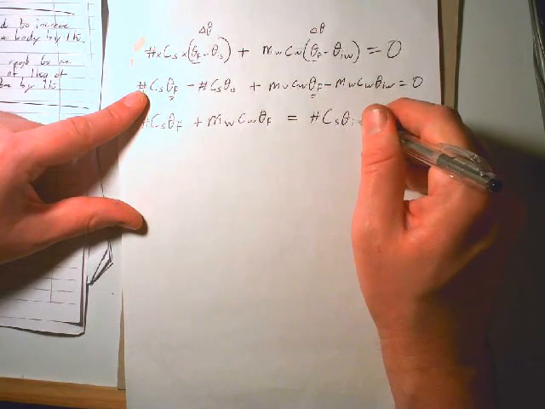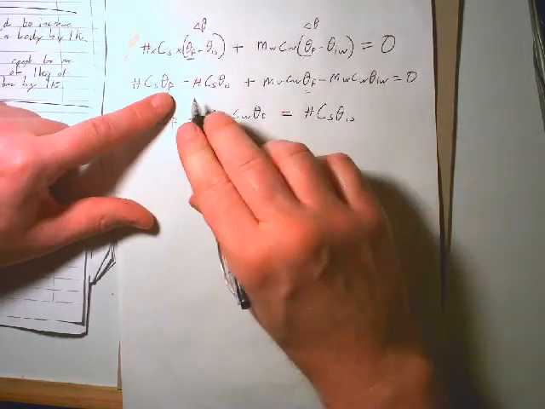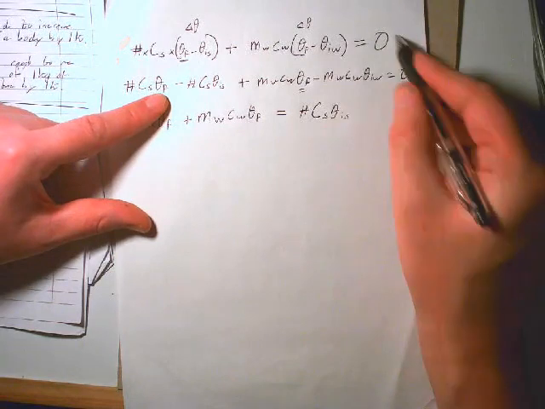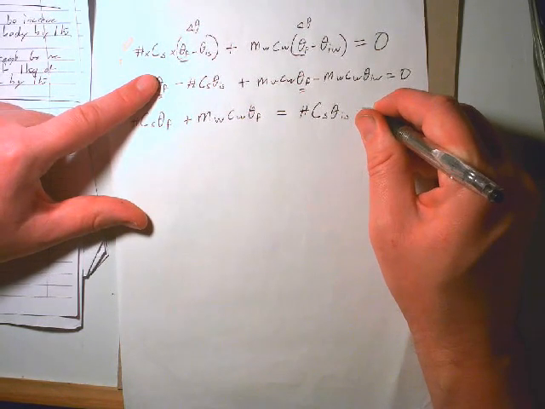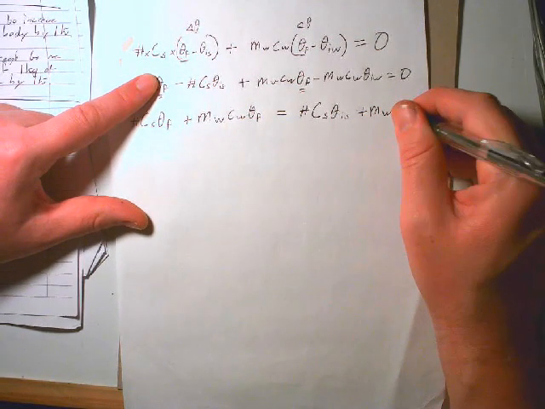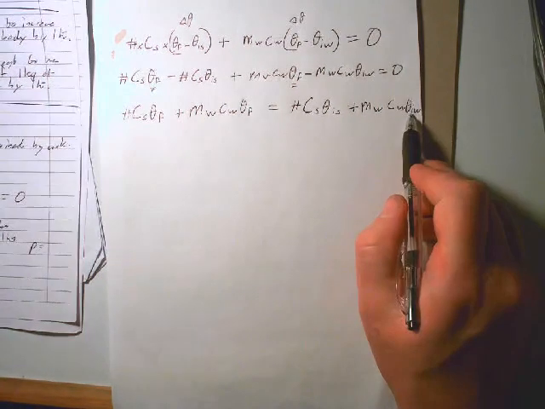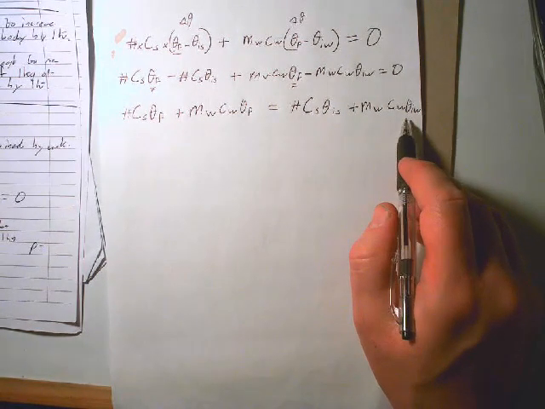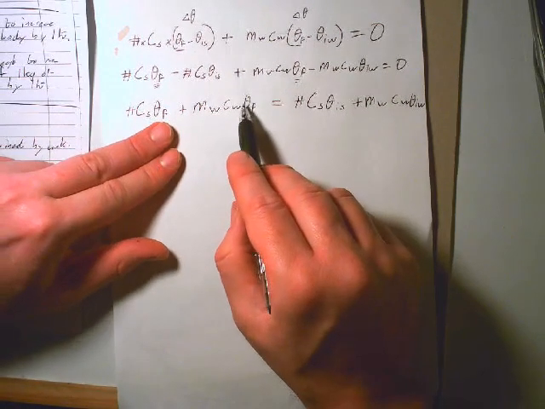Let's bring this one over first: number of stones, heat capacity of stones, initial temperature of the stones. That was a minus, becomes a plus. This is a minus, also becomes a plus: plus mass of water, heat capacity of water, by the initial temperature of the water.